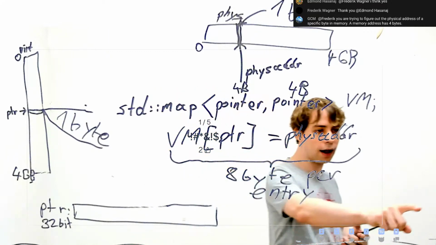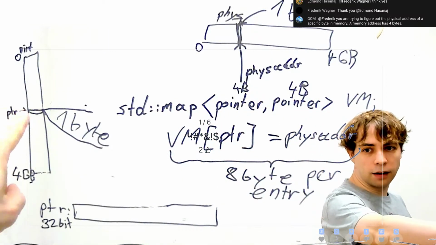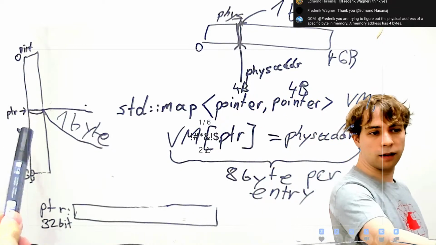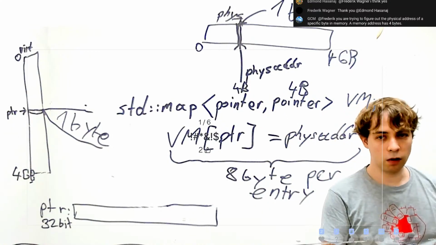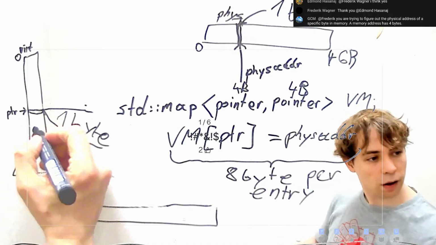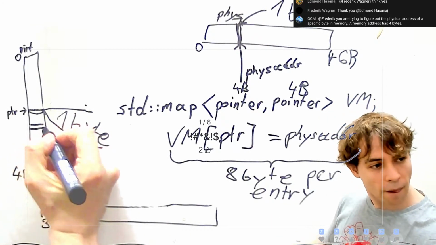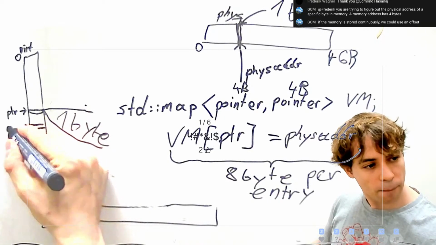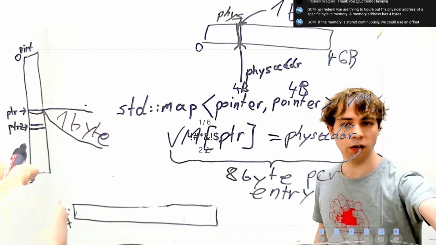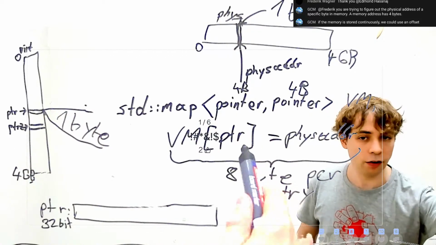So if you want to access this pointer, let me take the pen because then you can see it better. This pointer, and maybe you say you want to access another pointer, let's say a pointer here. This pointer, pointer 2. For this pointer 2, we would need another entry here.